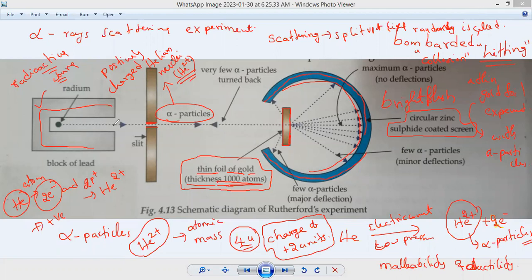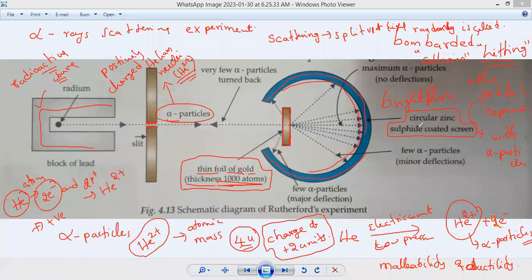So once these alpha particles hit the gold foil, the particles coming out after hitting scatter the light on the zinc sulfide coated screen. That is why he observed a bright flash on this screen coated with zinc sulfide.